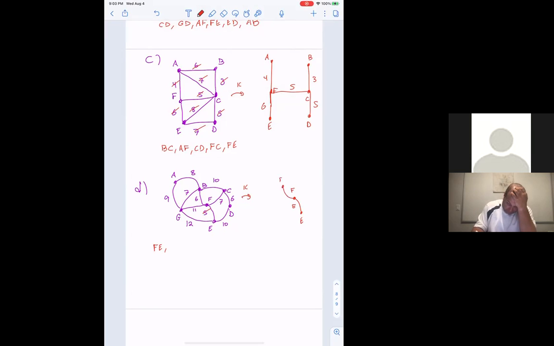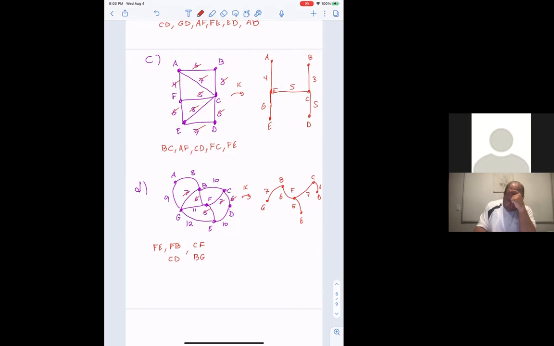I see F to B for 6, and I also have C to D is 6. So those are basically the same in terms of which one comes first. Then I have some 7s. I have C to F, but I also have BG, and those are again same order.